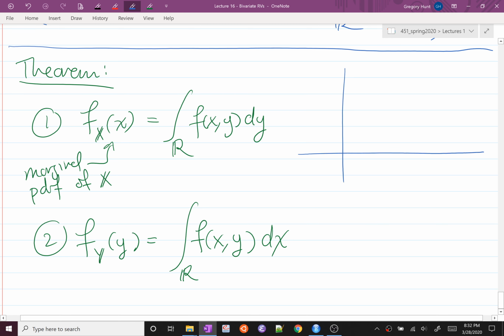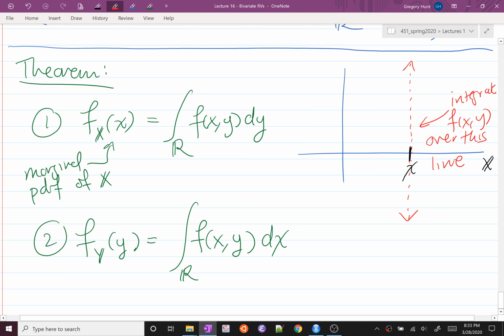If this is my xy axis and I want the marginal PDF of x at this value, little x, I look at this line over all possible values and integrate my joint PDF f_XY over this line. So it's like summing over the column of a table.